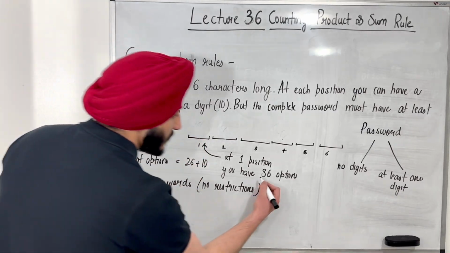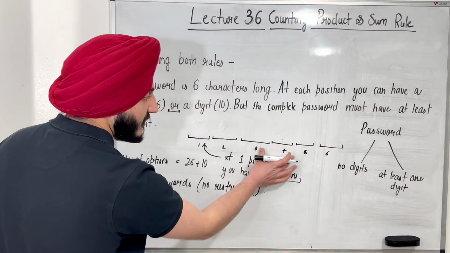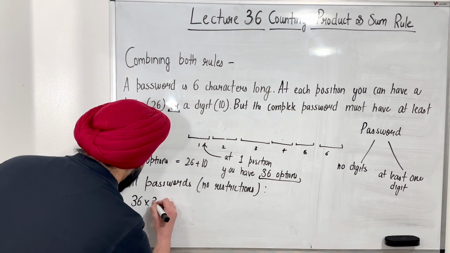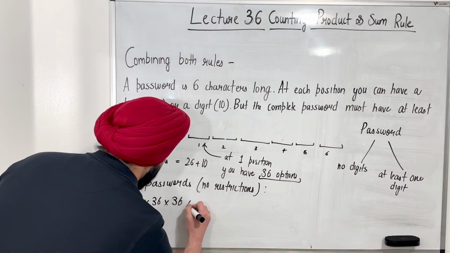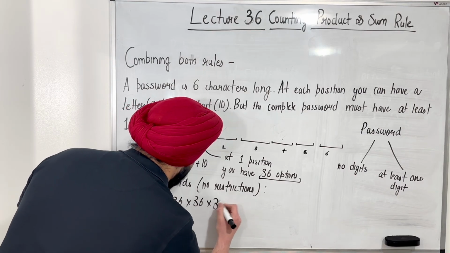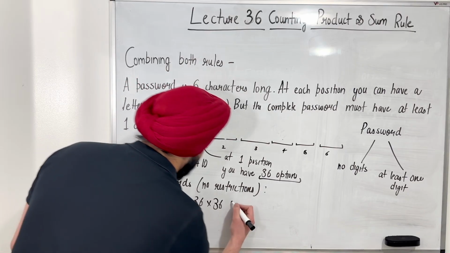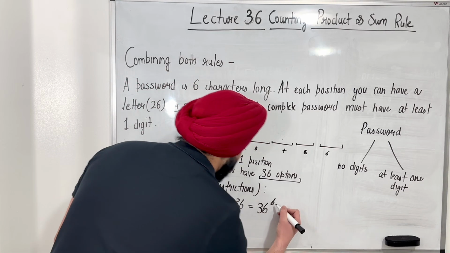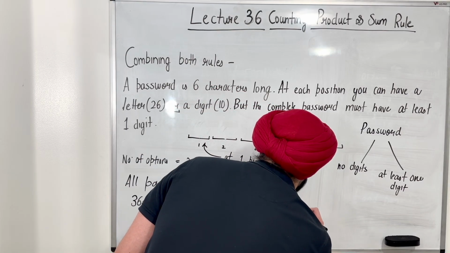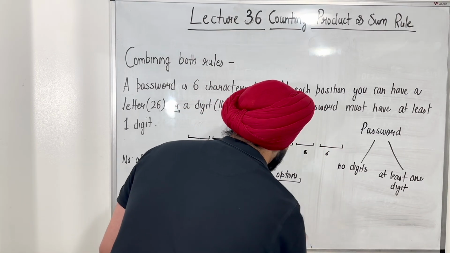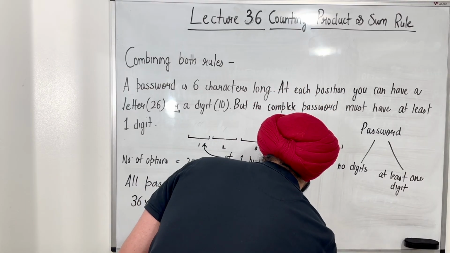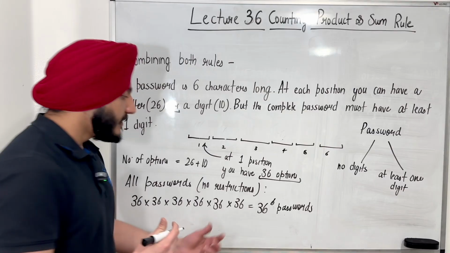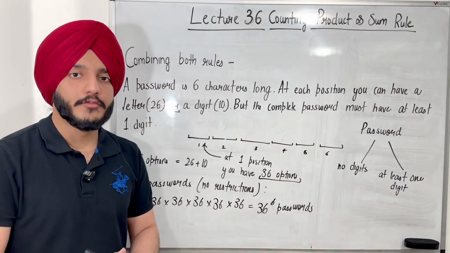So if you have 36 options in one place and you have a 6-digit password, that means you would have 36 multiplied by 36, multiplied by 36, and so on, 6 times, which equals 36 to the power 6. Okay, so this is the total number of passwords possible if you have no restrictions, right?